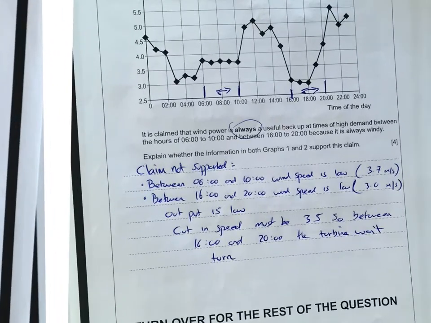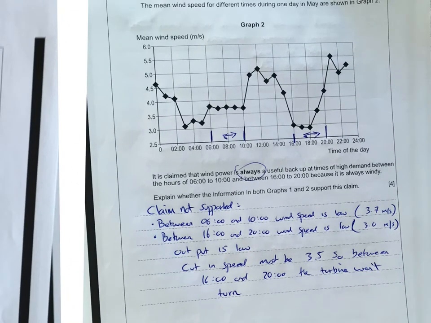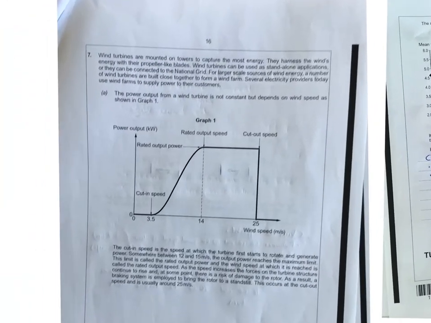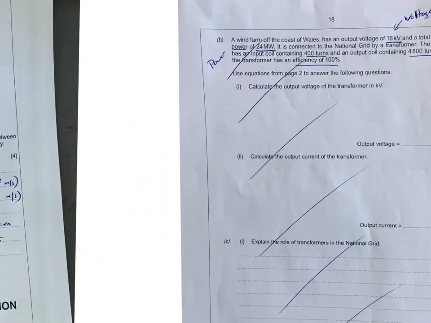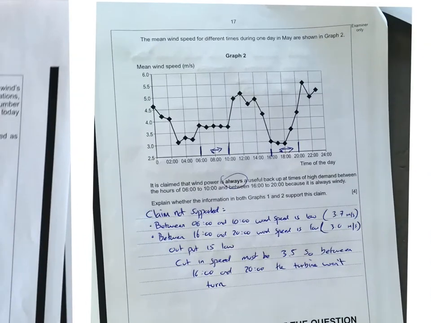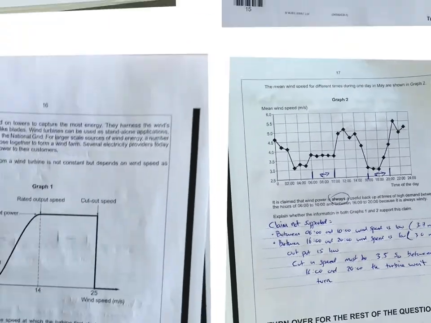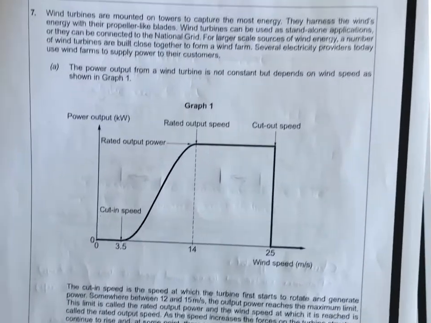Question number 7 now is from a triple paper, so I've only got it on for the one question, really. I'm going to go through it because this will apply for triples, but I'm not going to answer that last question because this is mainly a triple question. You haven't got that equation, so we can just look at this graph.